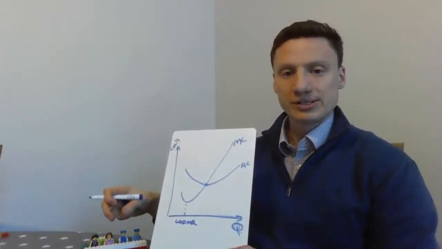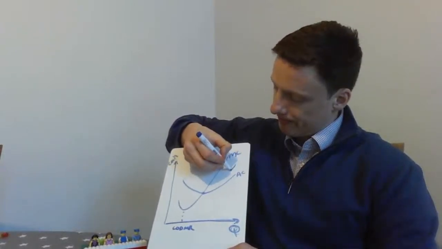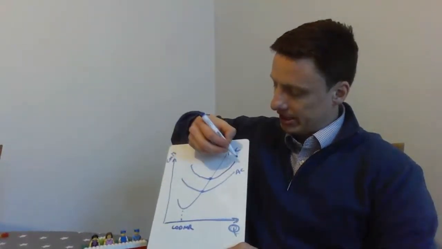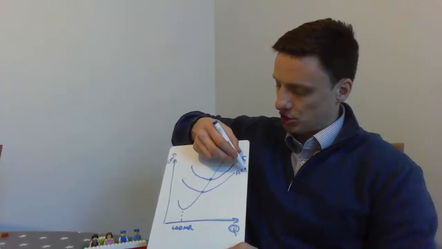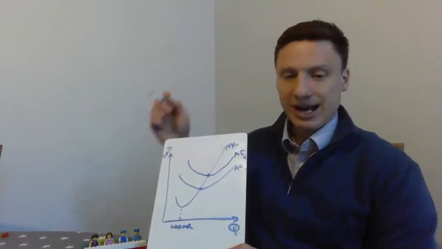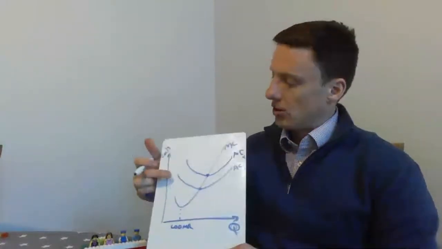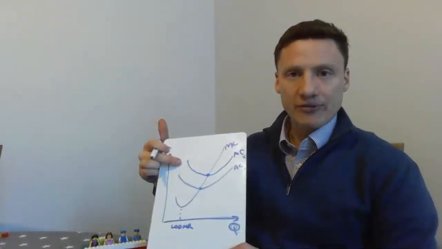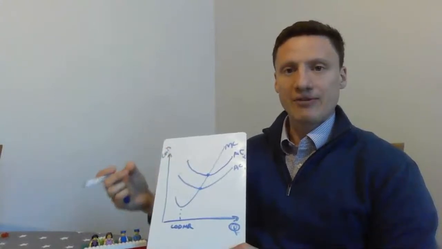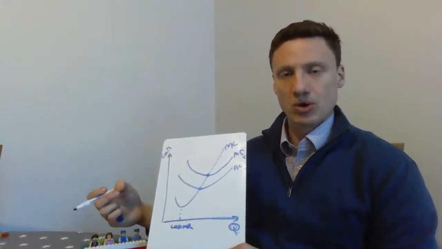But if there is an increase to fixed costs, I would expect you to move the average cost curve upwards, because the average cost curve does take fixed costs into account. Remember, we derived the average cost curve from looking at average fixed costs and average variable costs.